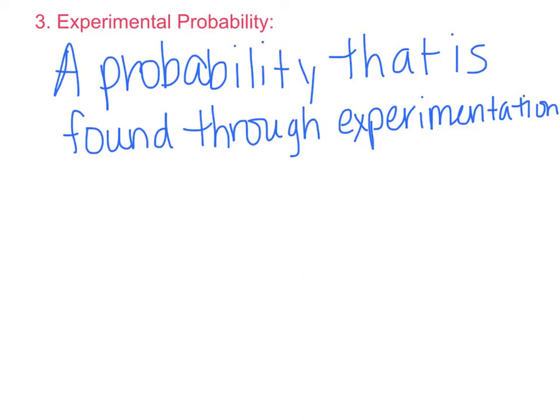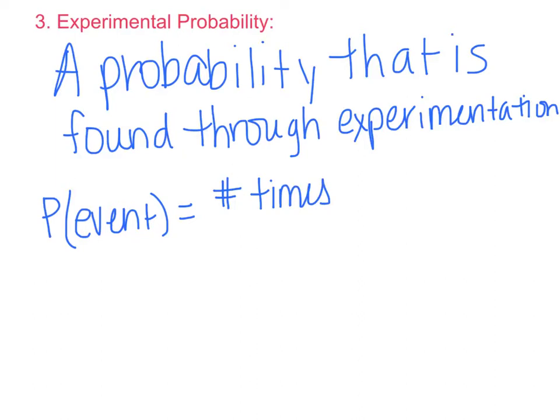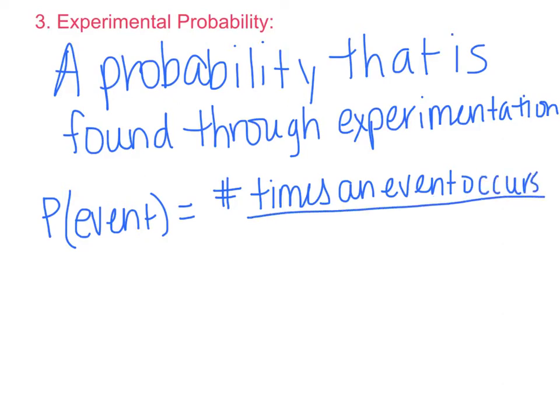There is a formula that goes with this, and it says P, so the probability of an event, P(event), equals the number of times an event occurs over the number of times it's done.